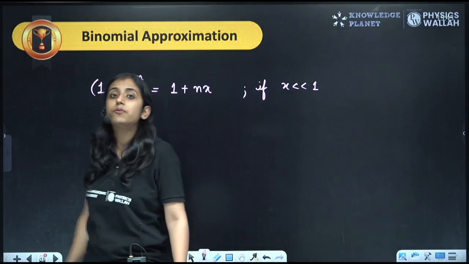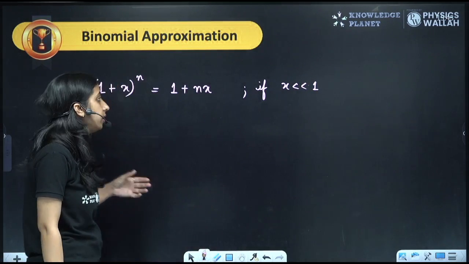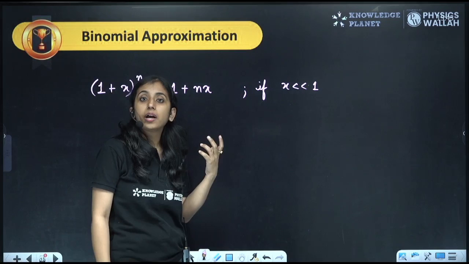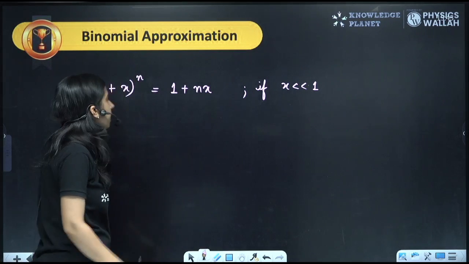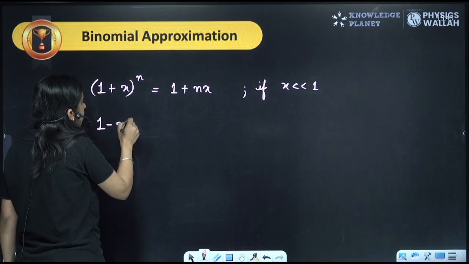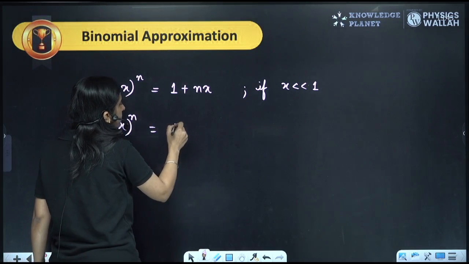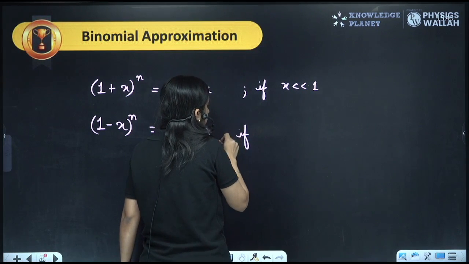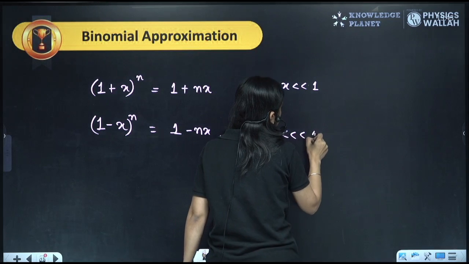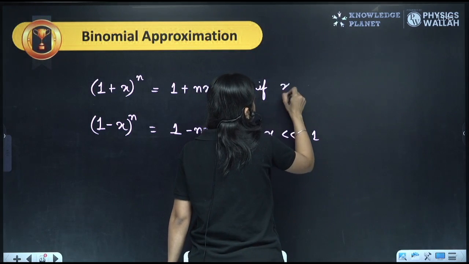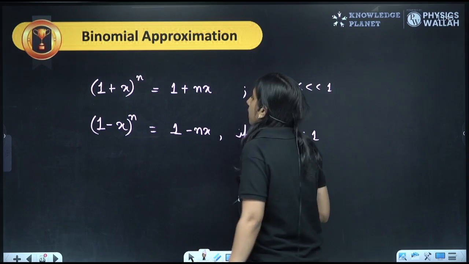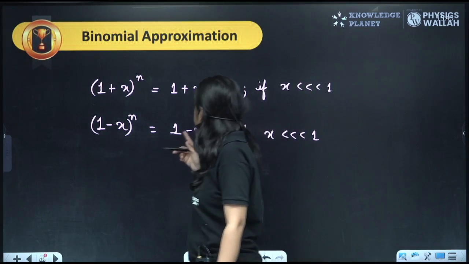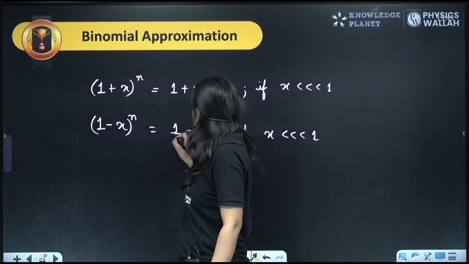If x is very less than 1, then 1 plus x raised to the power n can be written as 1 plus nx. Similarly, 1 minus x raised to the power n can be written as 1 minus nx, only if x is much less than 1.